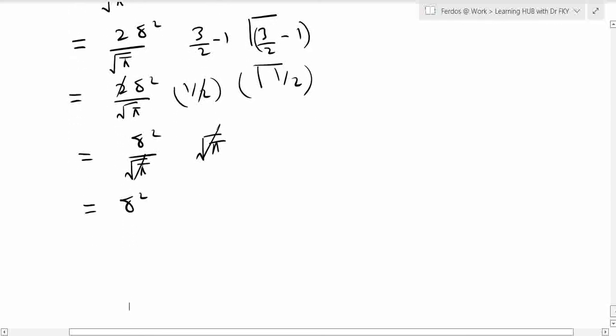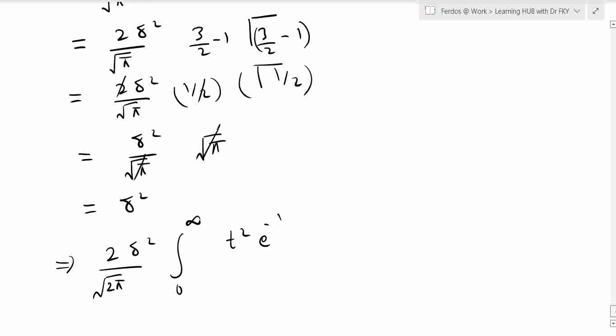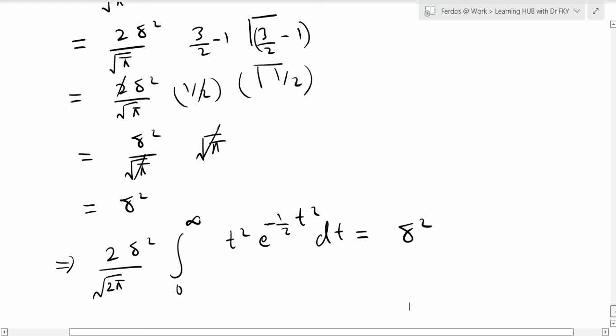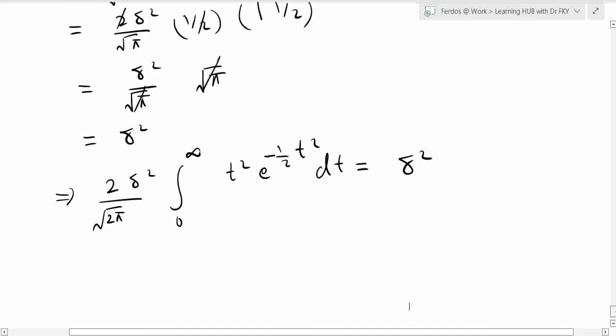So you can say that now 2 sigma square divided by square root of 2 pi, integral 0 to infinity, t square e power minus t square divided by 2 dt is equal to sigma square. So this part is equal to sigma square. The first part was equal to mu square.